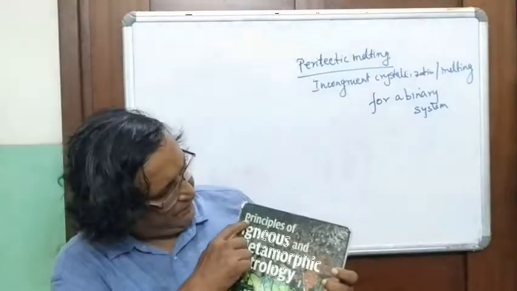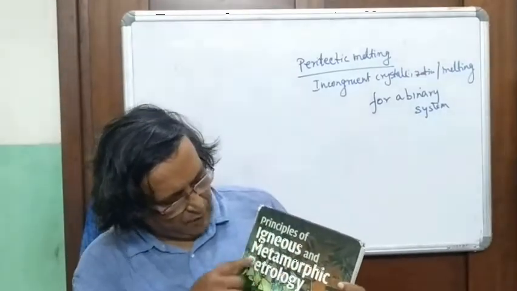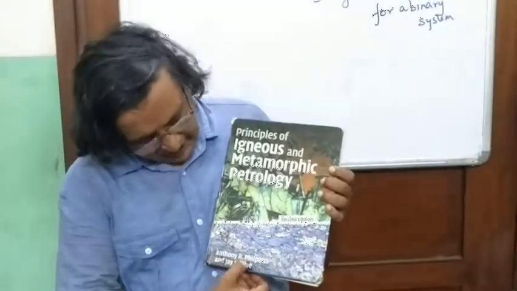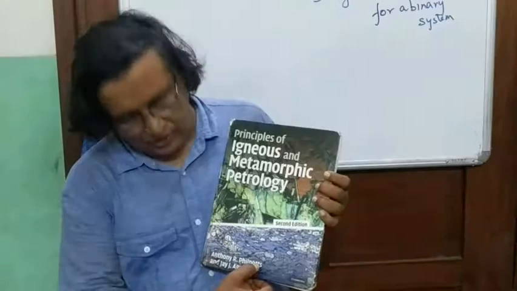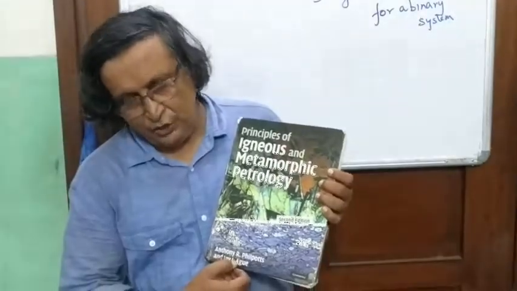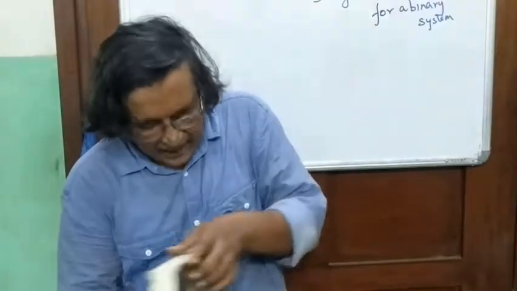This book is Principles of Igneous and Metamorphic Petrology. And the authors are Anthony R. Philpotts and J. Ague, A-G-U. This is the book. And I will tell you the page numbers so that you don't have a problem.